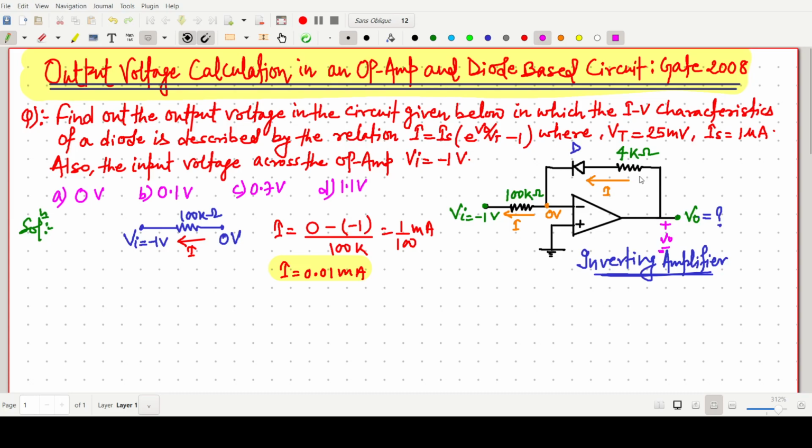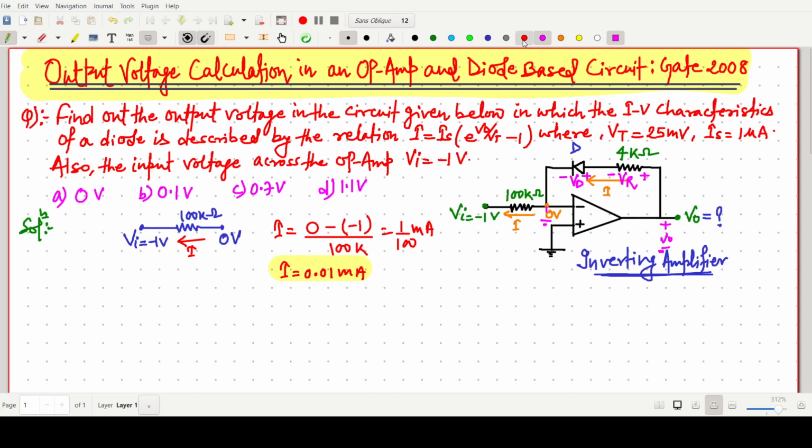The voltage developed across this resistance, I am calling VR, and this voltage is nothing but simply VD, with the diode forward biased in that direction, and this one is 0 volt.